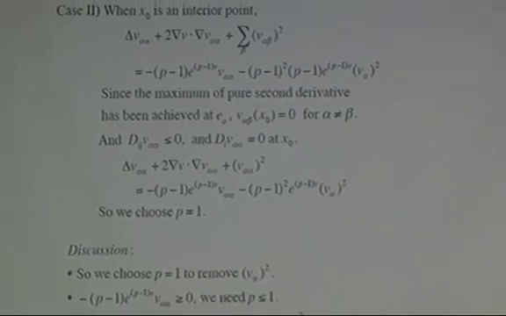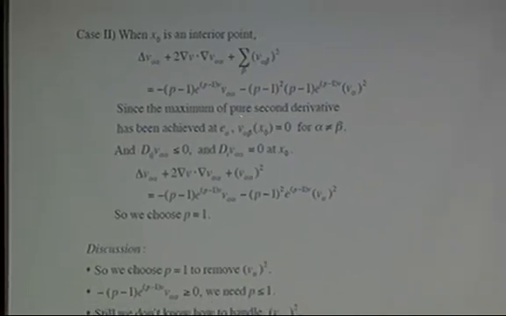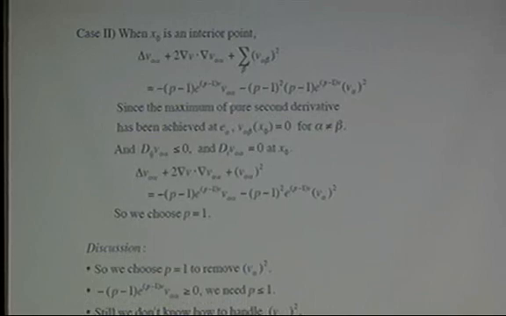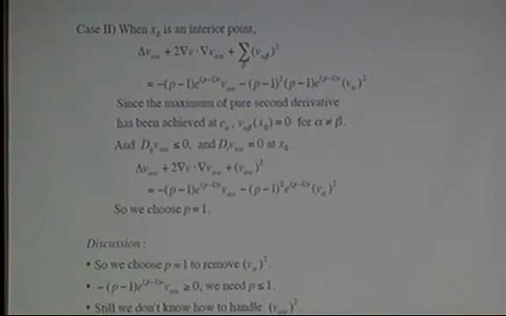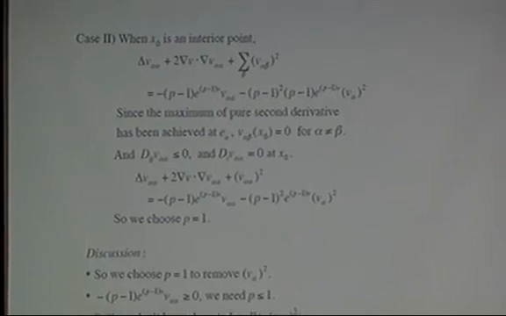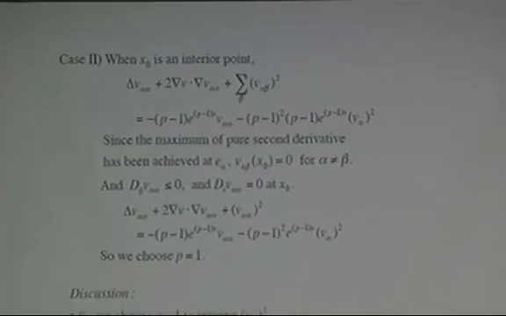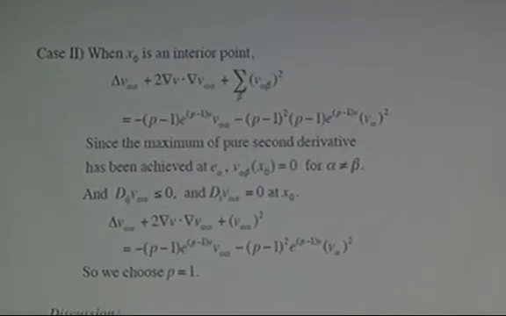And what about if your point is an interior point? You simply take a second differential of it, and the maximum is achieved at some point, and that is the maximum value of the pure second differentials. So in other words, that is an eigen direction.